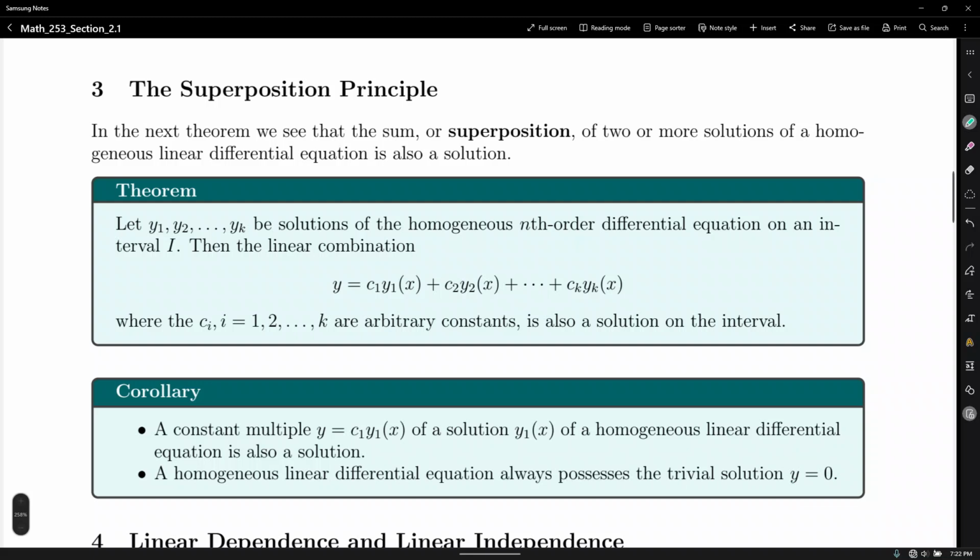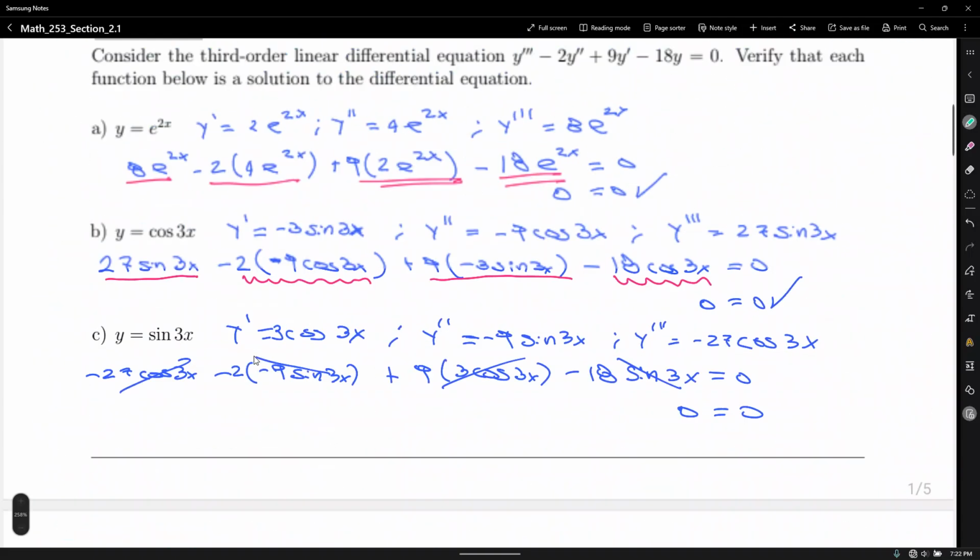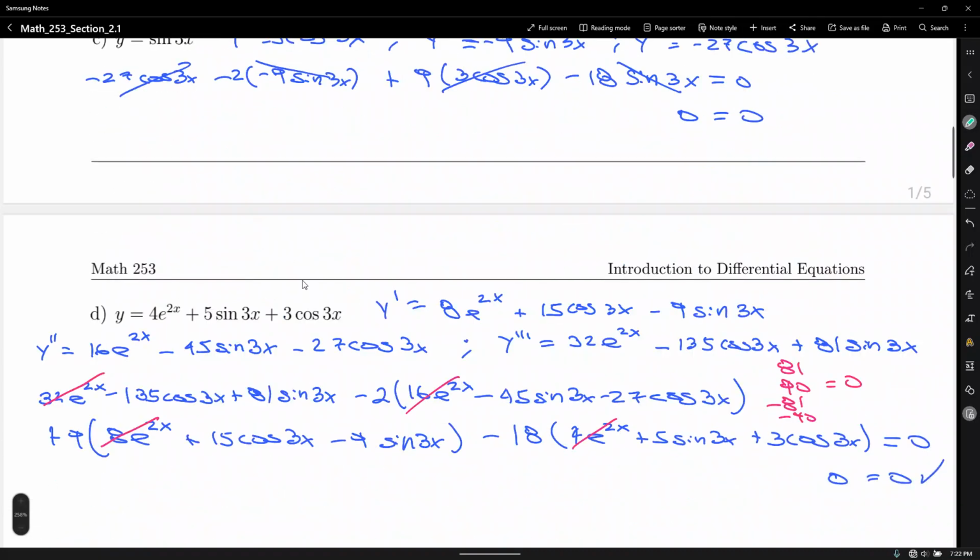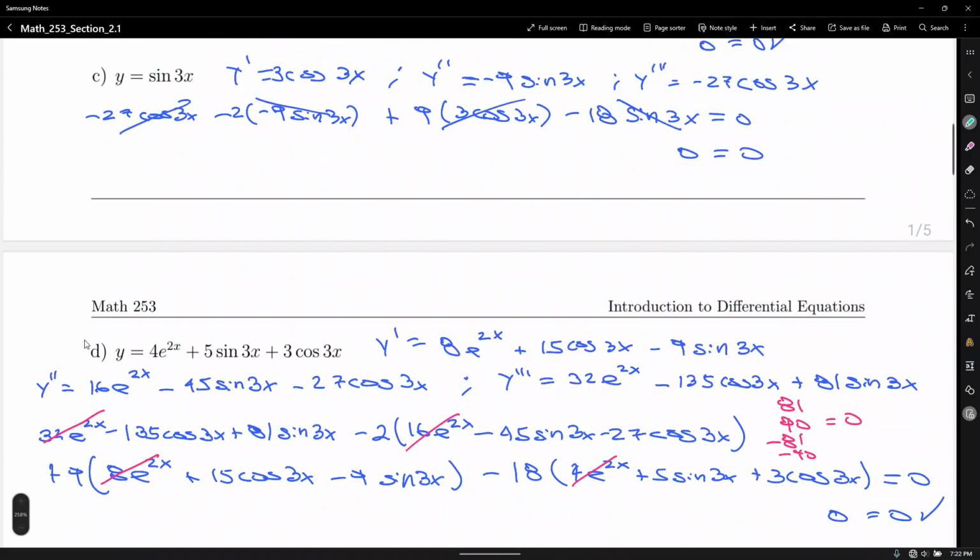We're going to talk about these technical definitions in a second. Well, so number one, what do we have? It seems like these three are solutions with a coefficient equal to 1, or combinations of the three. The fourth function we tested, which is a combination of the three solutions, that's also a solution to the differential equation.